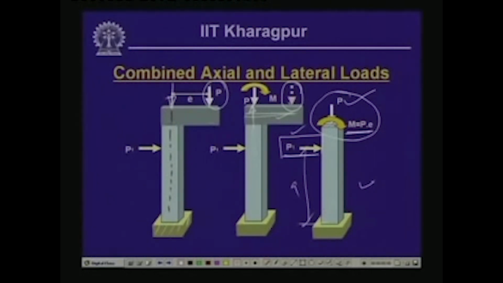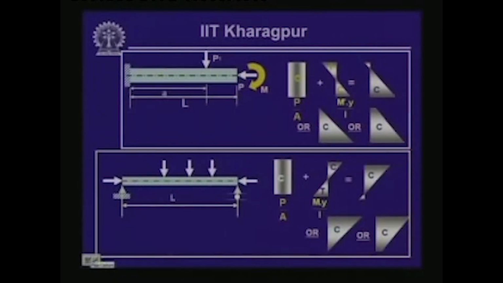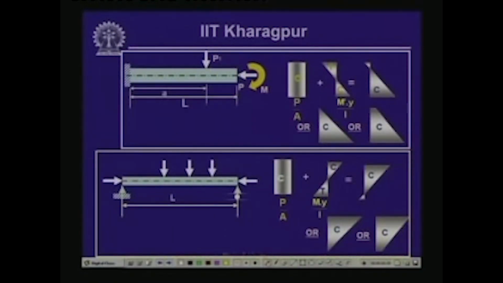If we idealize this situation, we have a cantilever member which is fixed at one end and free at the other, and at this end we have a concentrated load P acting through the center of this member along with a bending moment M, and we have a transverse load P which is acting at a distance of A from the support.